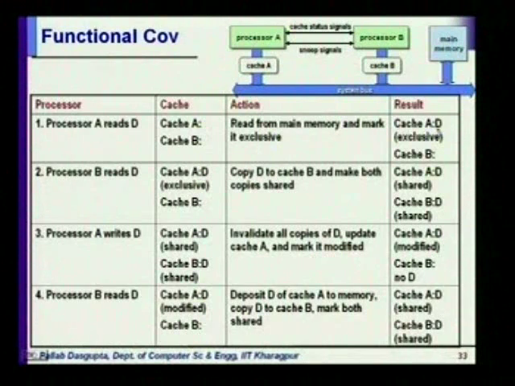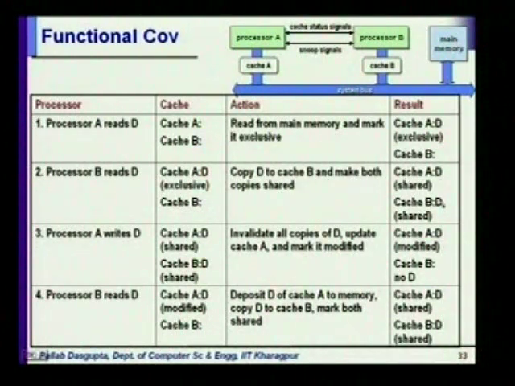So now after this is done, D is going to be in cache A and it will be marked exclusive, in the sense that it is not there in B. Next thing is processor B reads D, and at that time D is already in A. So what the controller should do is copy D to cache B, because it is available in cache A. So it is going to copy D from cache A to cache B and make both copies shared.